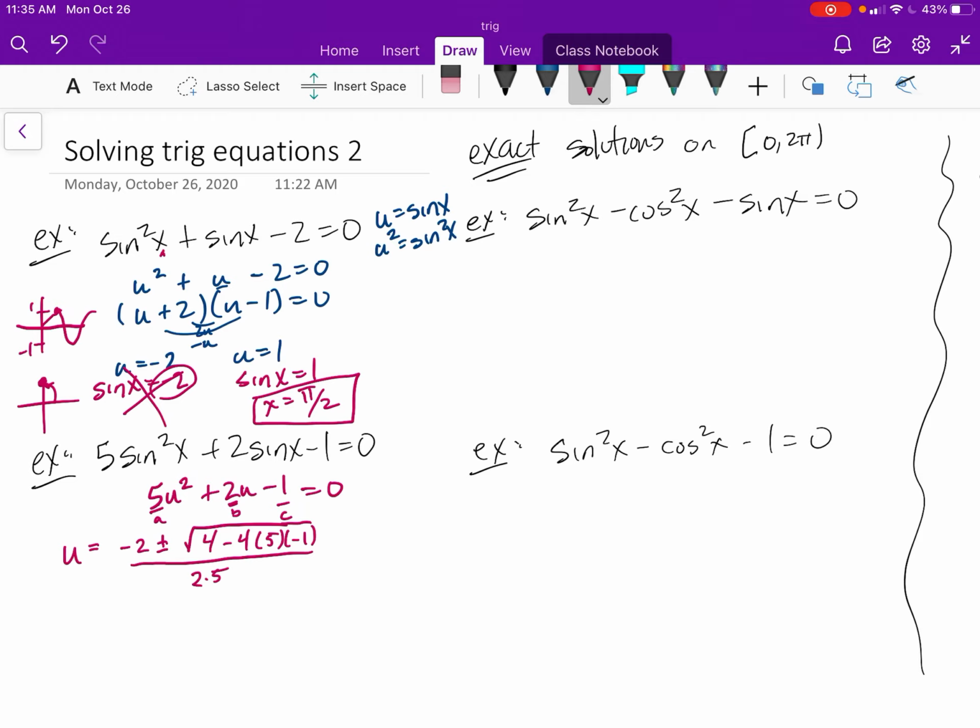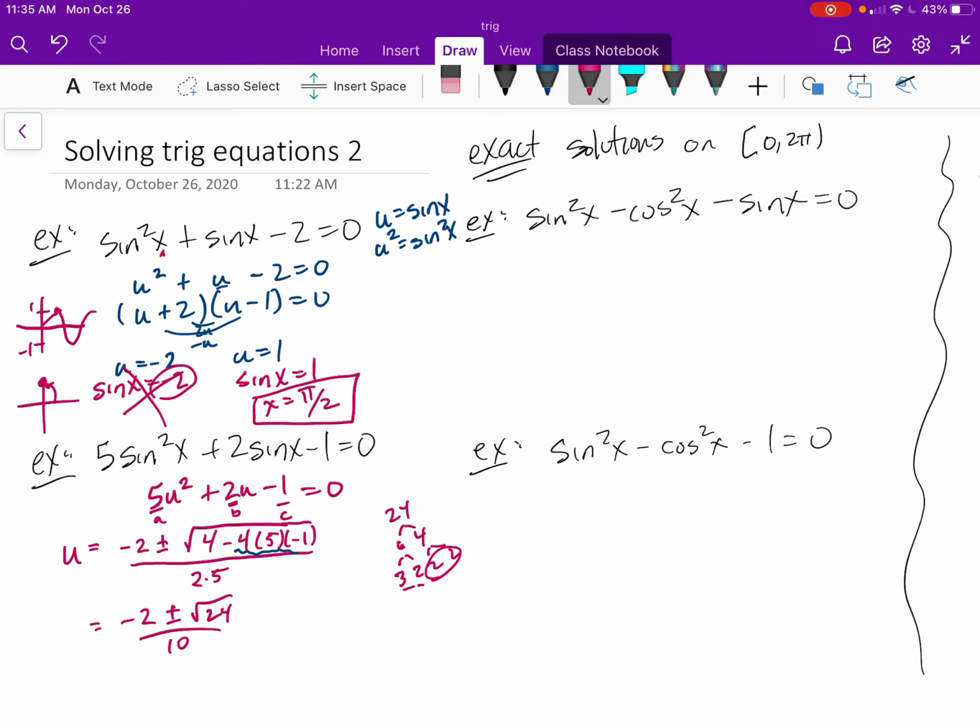Okay, so we have 4 in the square root. 4, -4 times 5 times -1 is 20. So 4 plus 20, right? So we get -2 plus or minus square root of 24 all over 10. 24 breaks down to 2 root 6, because we have a pair of 2's and a 3 and a 2 left.